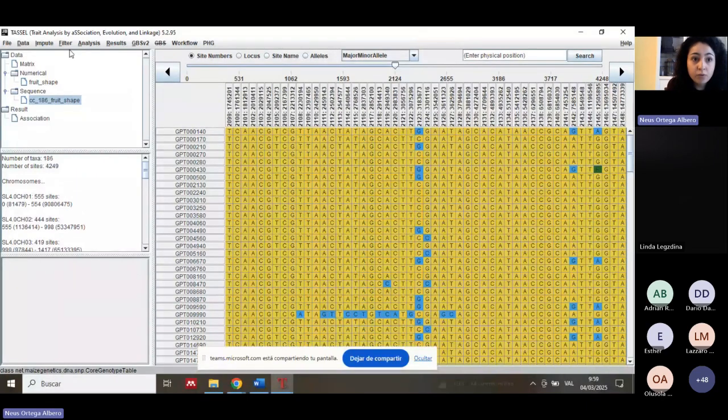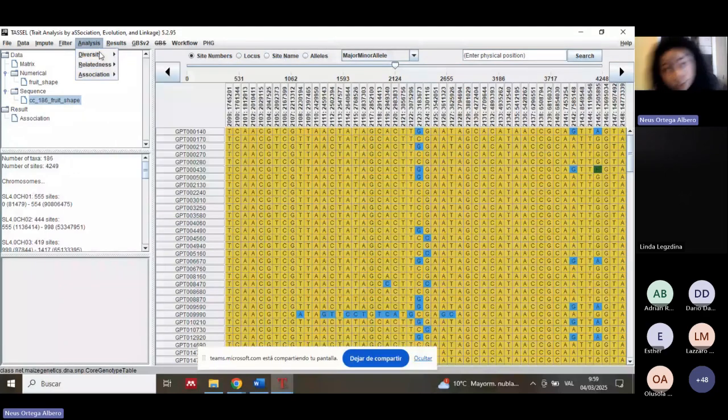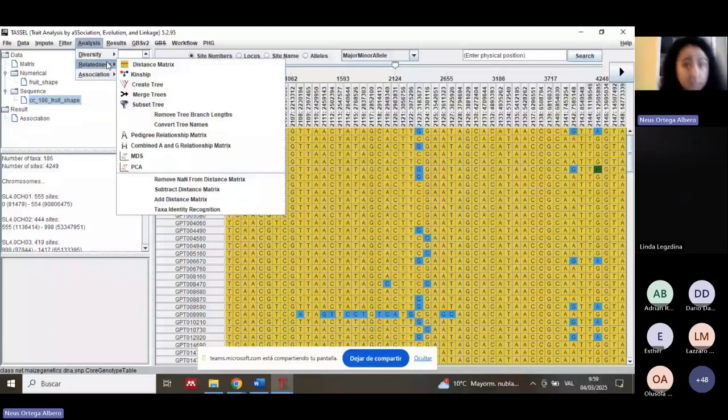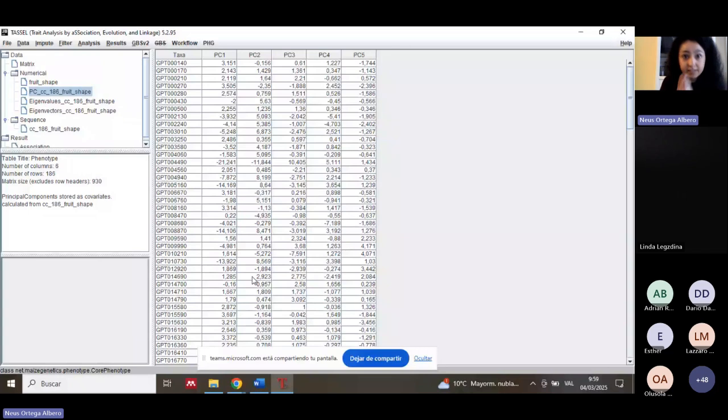So now we are going to see how is the distribution of our population by doing a PCA. So we go to analysis, relatedness, because we want to know how our individuals are related with each other, and we do simply a PCA. Easy. Just go to OK without touching anything, and we have here the calculations of the PCA.